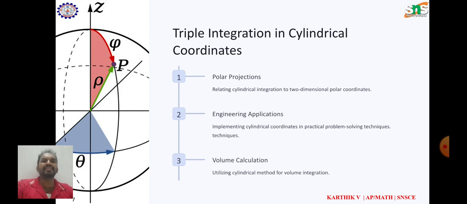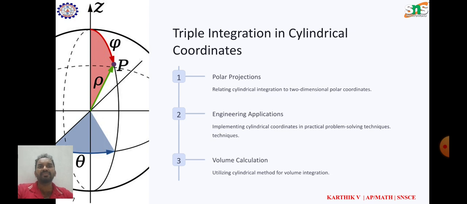Triple integrals in cylindrical coordinates. In cylindrical coordinates, a point x, y, z in three-dimensional space is represented using the cylindrical coordinates r, theta, z. r is the distance from the z axis to the point in the xy plane. Theta is the angle measured counterclockwise from the positive x axis to the segment connecting the origin. z is the same as in Cartesian coordinates, representing the vertical position.